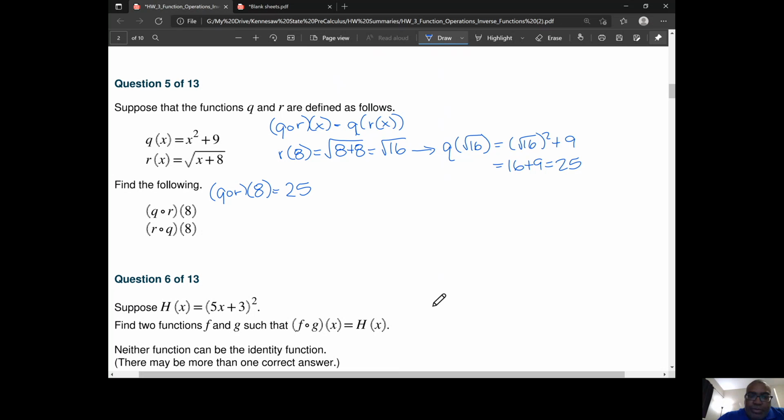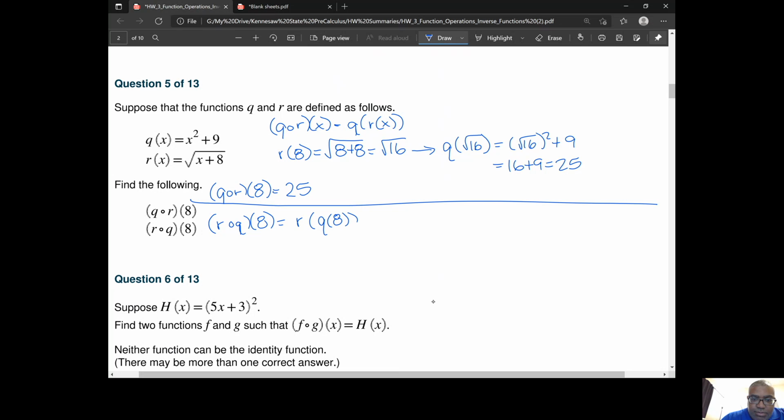Right, so R of Q of 8. Okay, so Q of 8 is equal to 8 squared plus 9, which is equal to 64 plus 9, which is equal to 73.